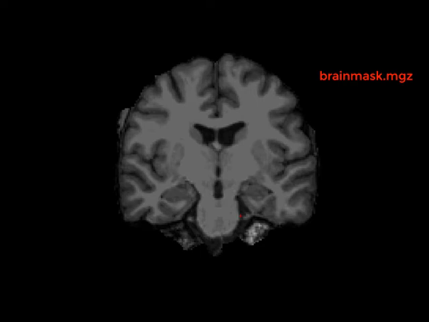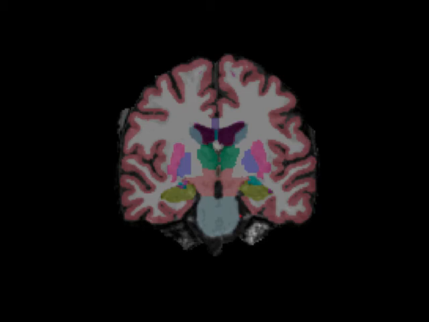And here is what it is going to do if I get my animation running correctly. Okay. So after it's skull stripped, the next thing it's going to do is segment everything in the brain. So it wants to make a clear boundary between gray matter and white matter.